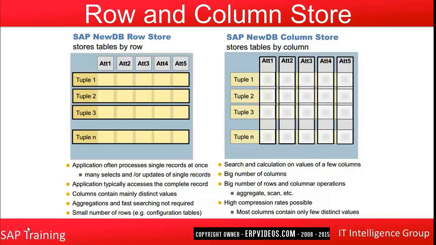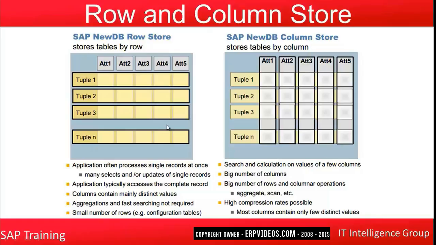As you can see in this diagram, this is your row store, which stores tables by row. So you can store the attributes here. This is one row where different attributes are stored.